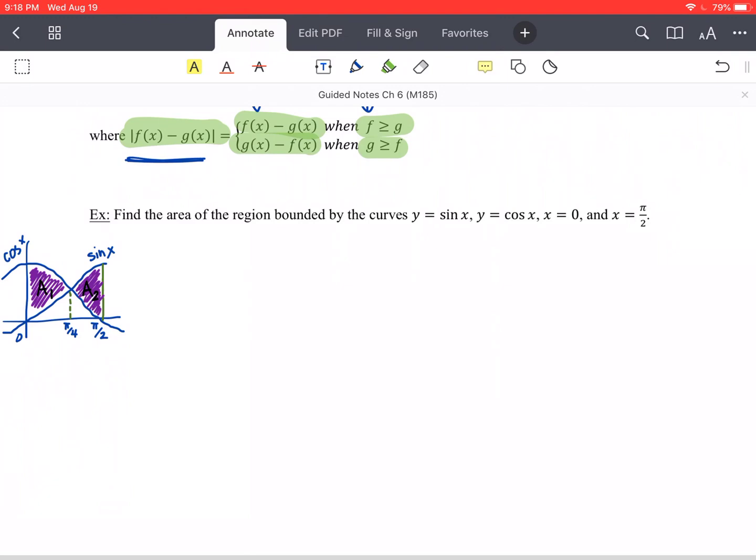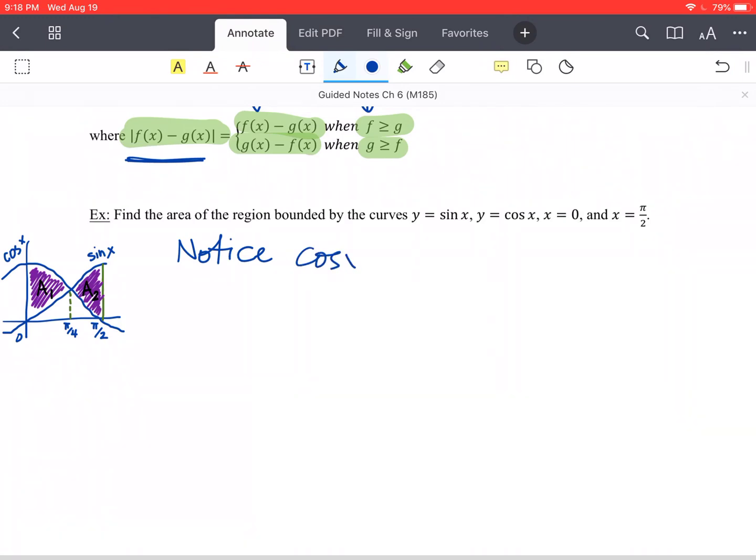Alright, so in setting this up, the first thing that we have to do is notice that if we're starting off right here at 0, cosine is above sine. Cosine has a larger value, so cosine of x is greater than or equal to sine of x on the interval all the way from 0 to pi over 4.